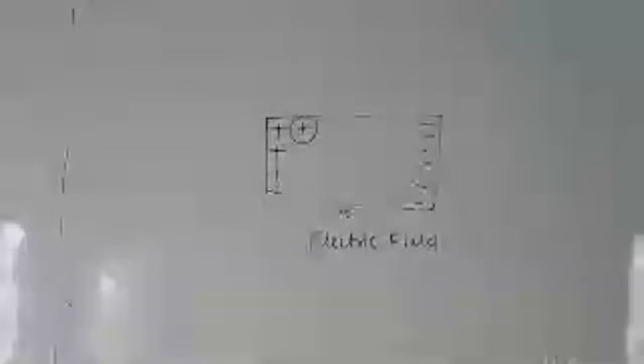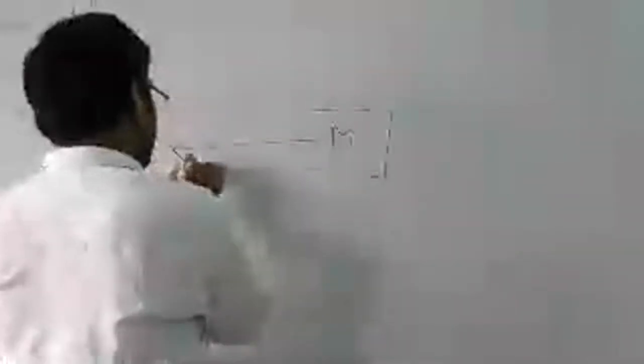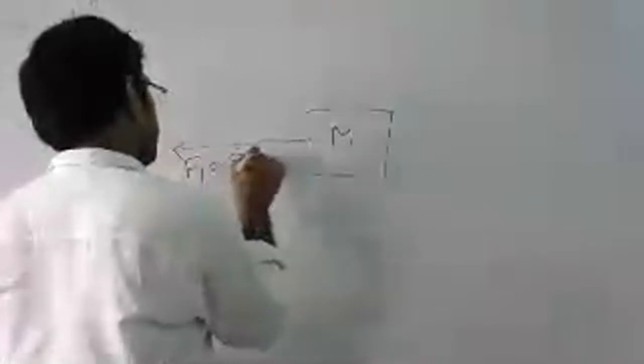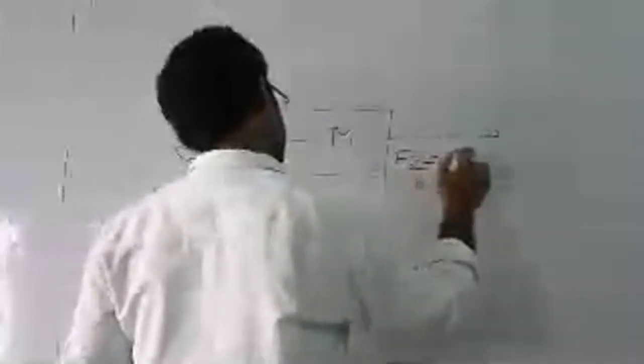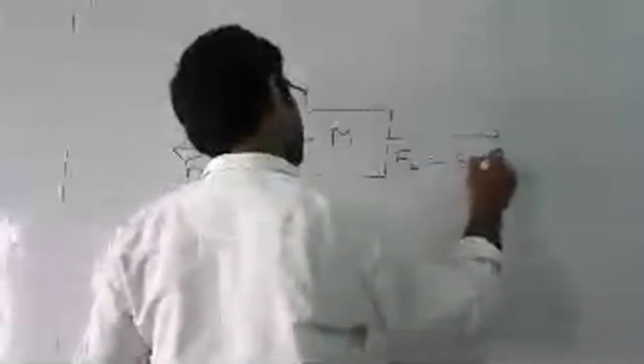For example, this is a box of mass M. One person is pulling with a force of 500 Newton.